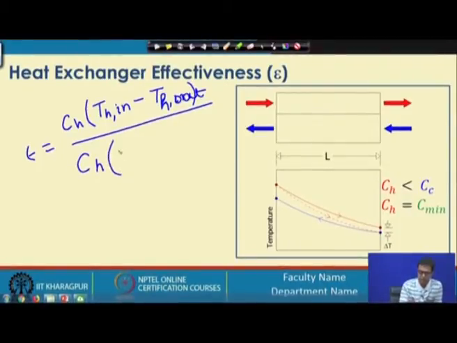C H. So, this is nothing but T H in minus T H out divided by T H in minus T C in.